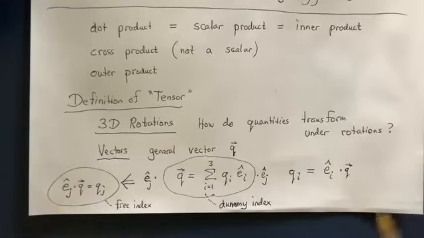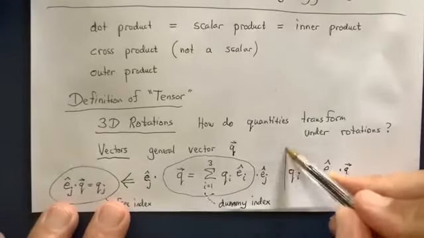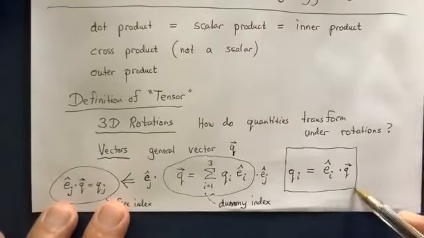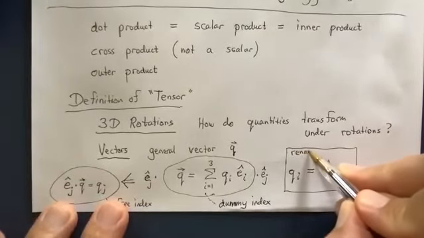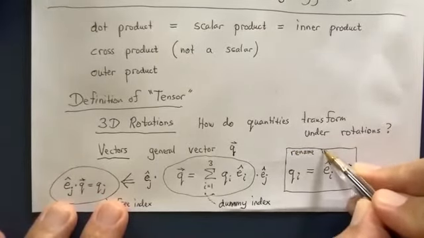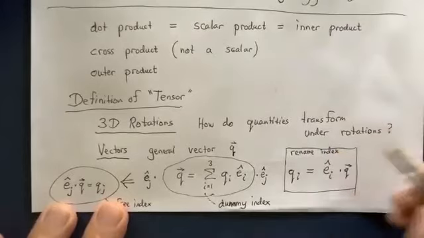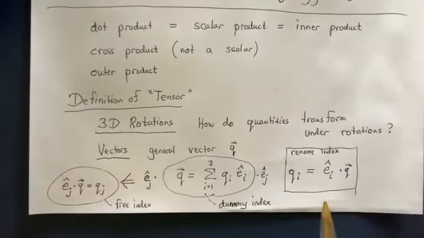So having renamed the index, in that sense, this is a valid equation. Those are some of the technicalities you have to worry about. But the point is you can extract these coefficients by getting the dot product.